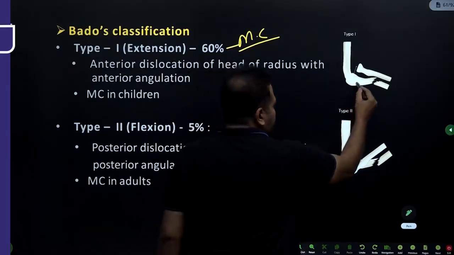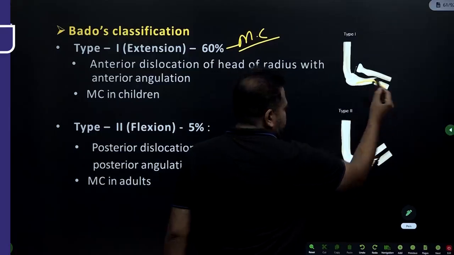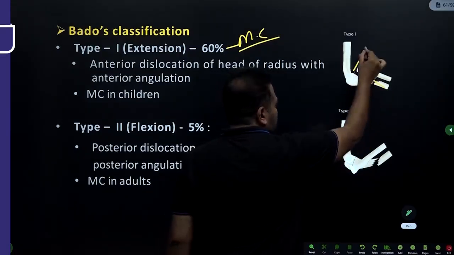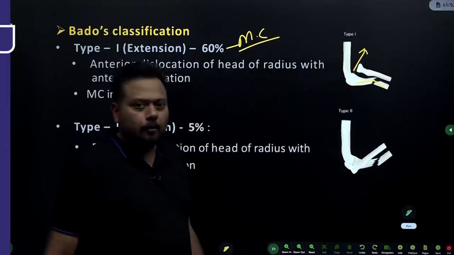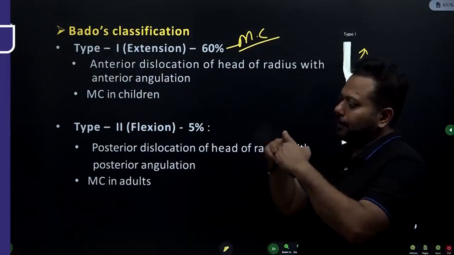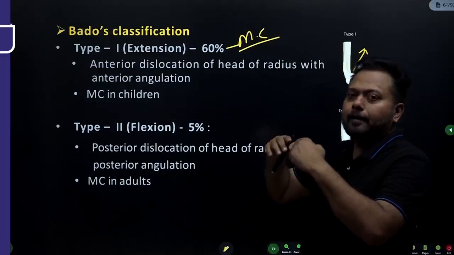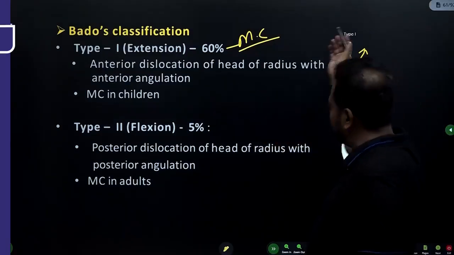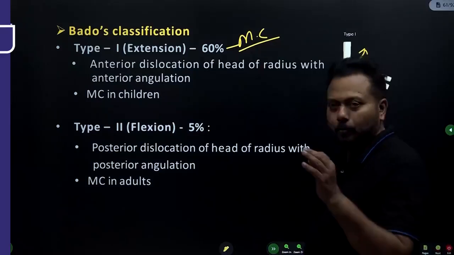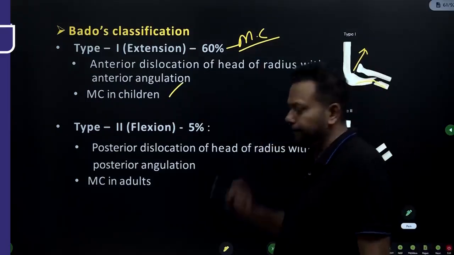Fracture of the upper third ulna. The angulation of the fracture is anterior, and dislocation of radial head is also anterior. So when you see an X-ray lateral view with anterior angulation of the fracture and radial head shifted anteriorly, that is called Bado type 1, the most common type, more common in children.